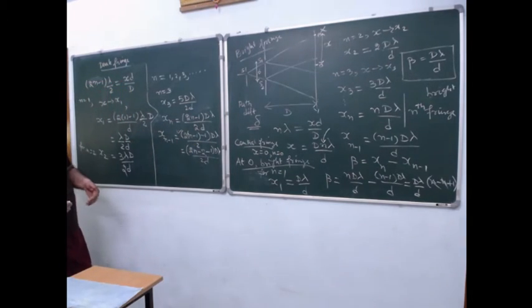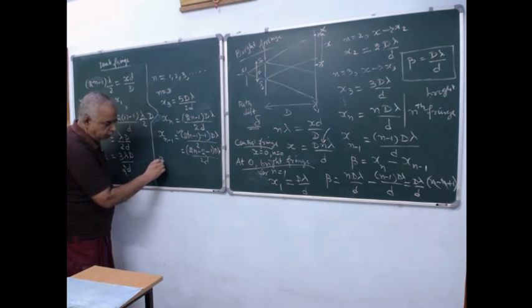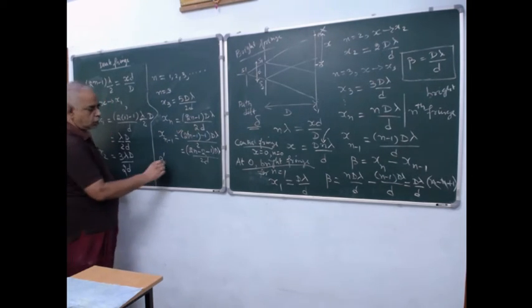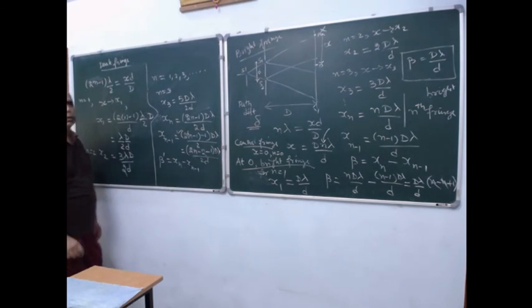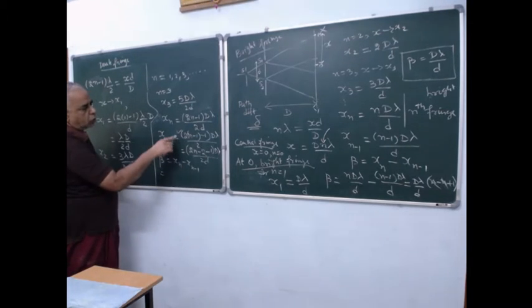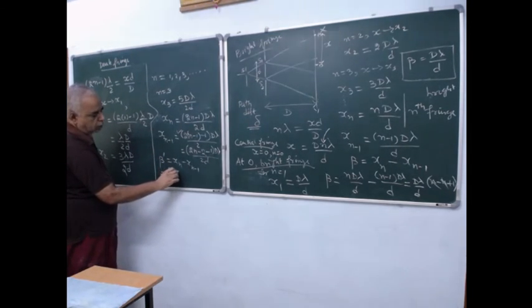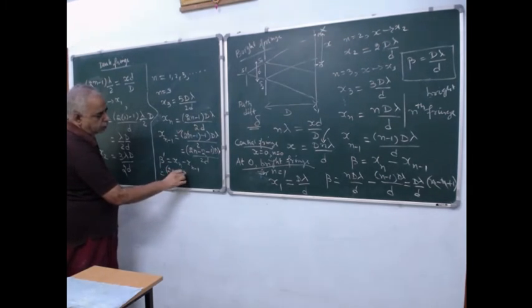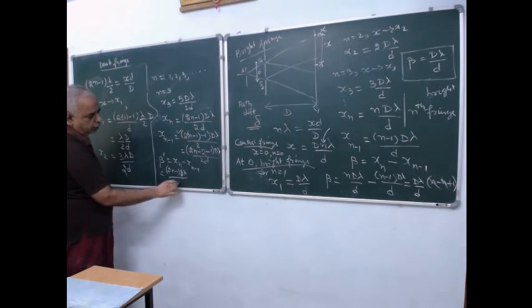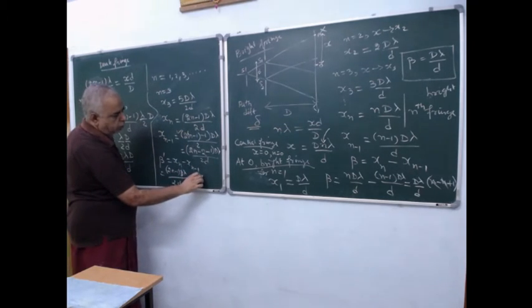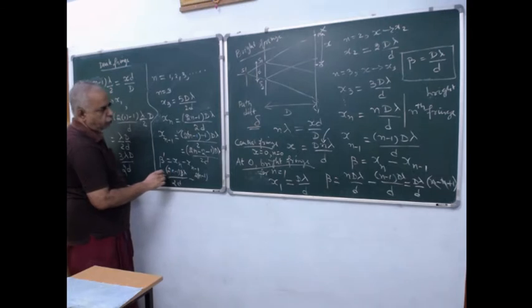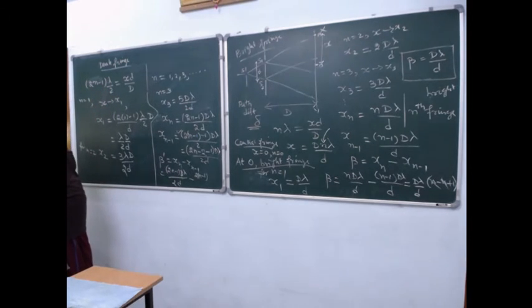Okay? Now what is our interest? We want to find out the bandwidth of dark fringe. So that is equal to xn minus x n minus 1. Okay? So we have got already (2n minus 1) into capital D lambda divided by 2d, minus 2 of n minus 1.